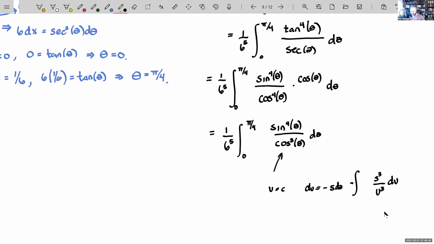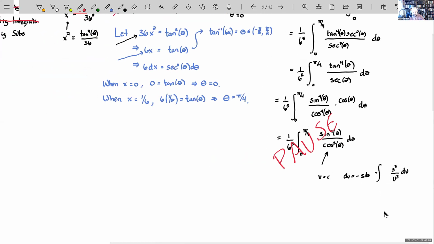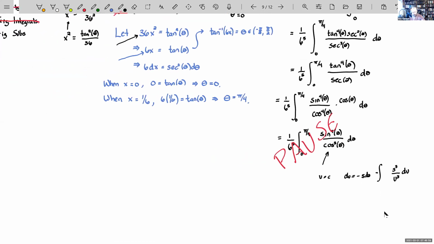Instead, I'm going to go to my second method. So I'm going to hit pause on this stuff because I'm just thinking that's probably not the best way to go. And instead, I'll go ahead and grab where we left off, the 1 over 6 to the fifth integral from 0 to pi over 4 of the tangent to the fourth of theta over secant of theta d theta.